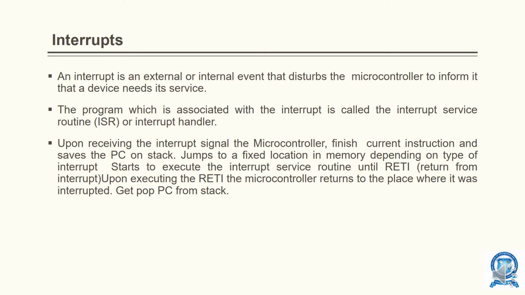Upon receiving the interrupt signal, the microcontroller finishes the current instruction and saves the program counter on the stack, jumps to a fixed location in memory depending on the type of interrupt, and executes the interrupt service routine.